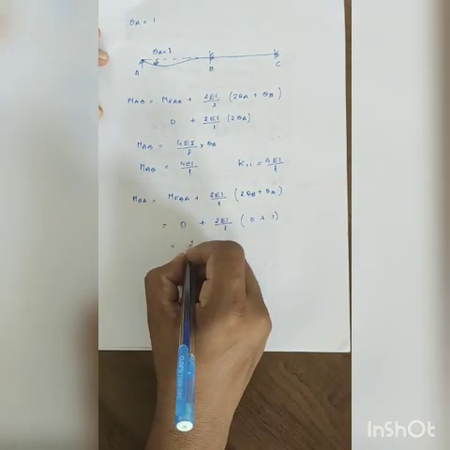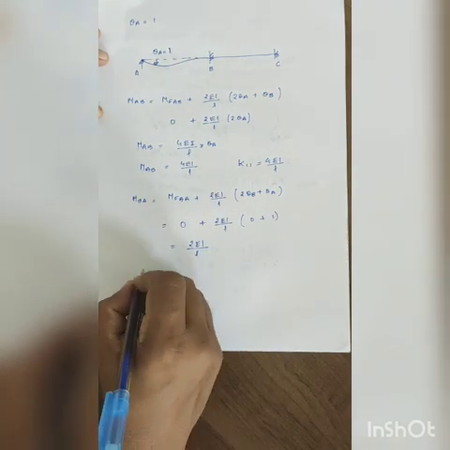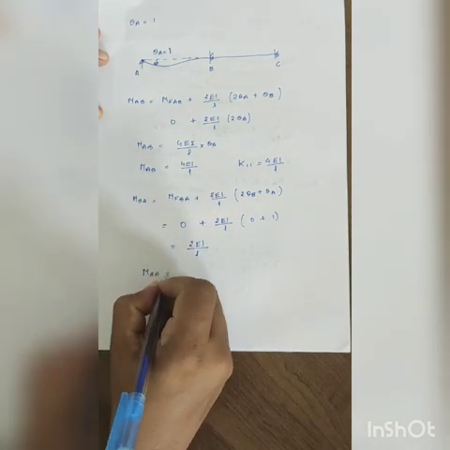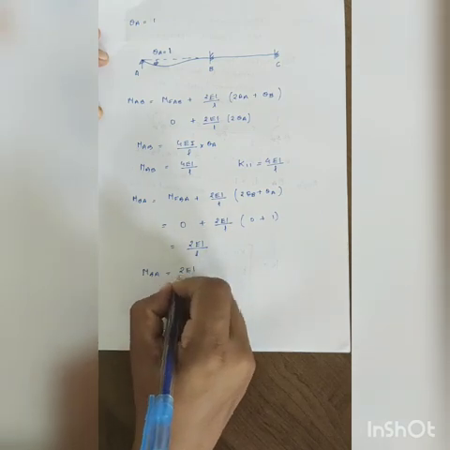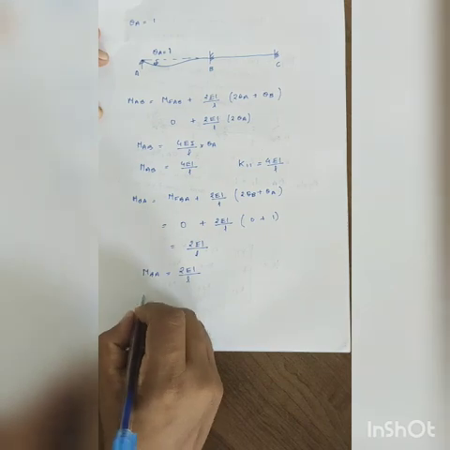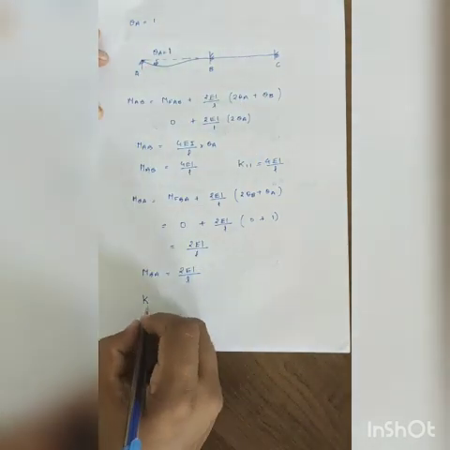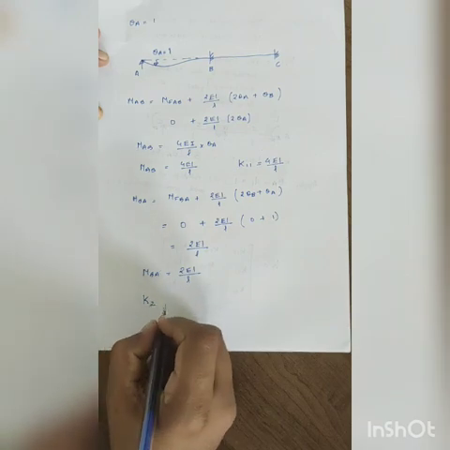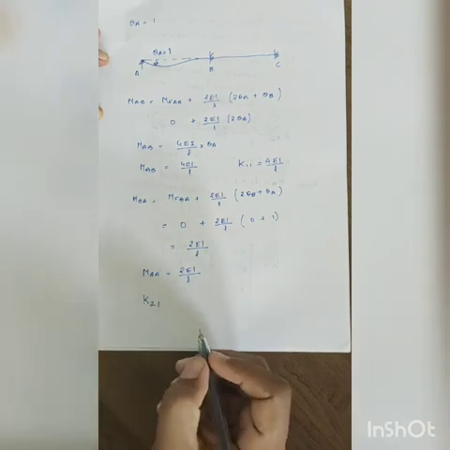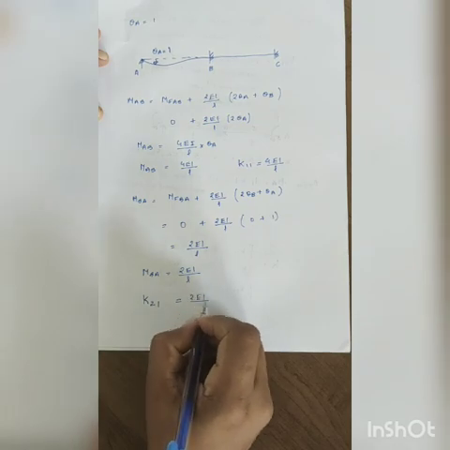So finally the structure stiffness influence coefficient is 2EI by L. So MBA is equal to 2EI by L. That is nothing but the moment induced at the second ordinate due to a unit rotation at the first ordinate. So K21 is equal to 2EI by L.